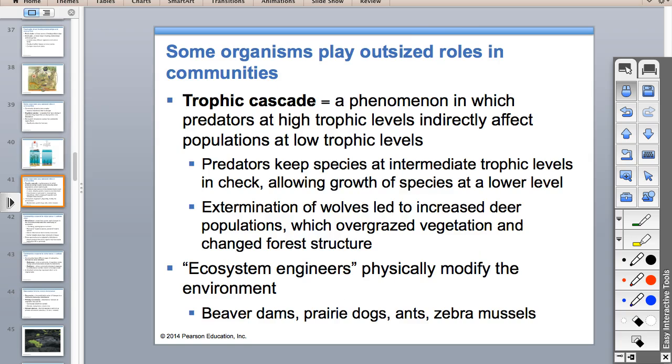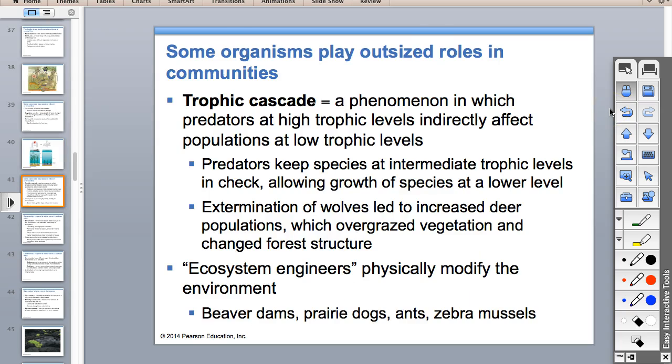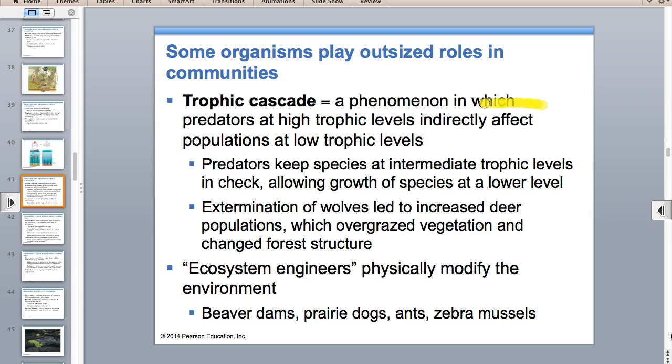Okay, so did you see where I took out that keystone and everything fell apart? So that could be an example of a trophic cascade. If you have your top predator at these high trophic levels and something happens to them, it doesn't have to be a sea otter, it could be something like a lion or tiger, it could be a wolf, whatever.